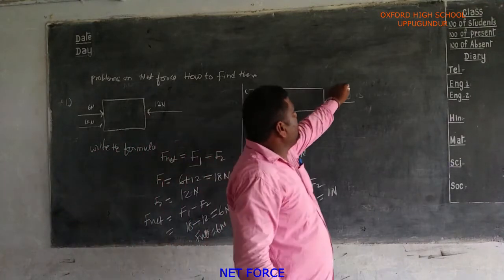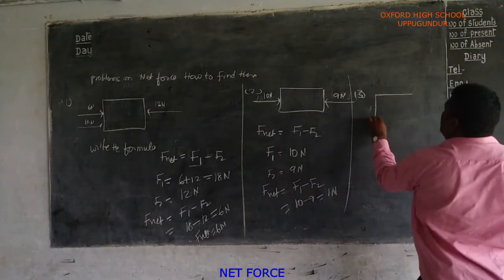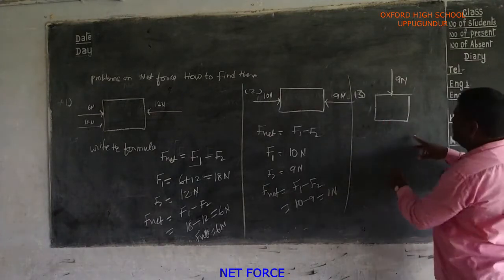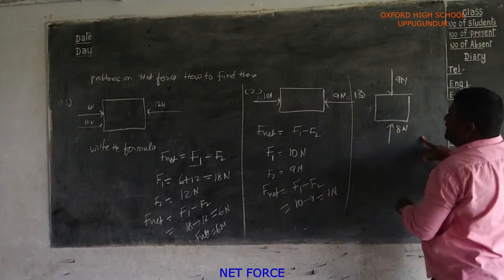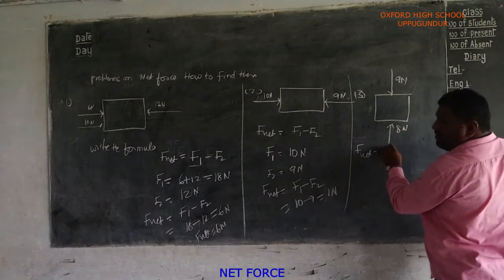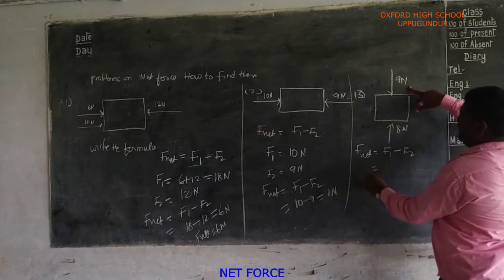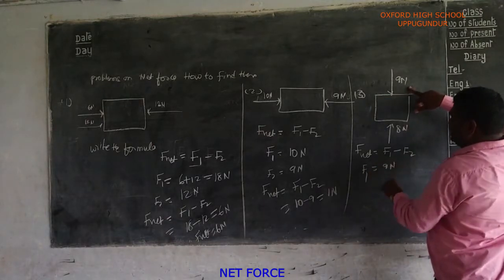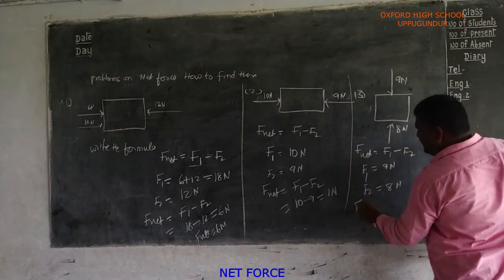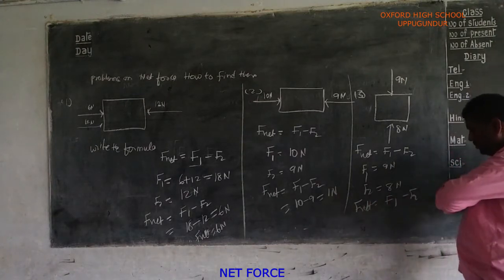Similarly, we do another problem. Third problem: on one side 9 newtons and downward 8 newtons. So F net is equal to F1 minus F2.